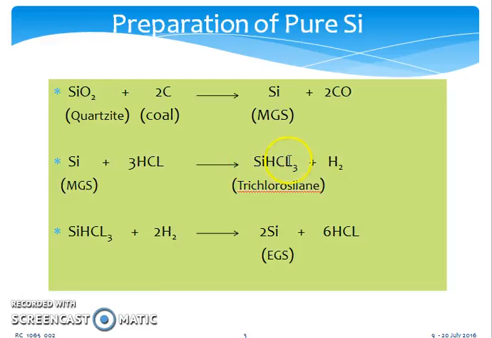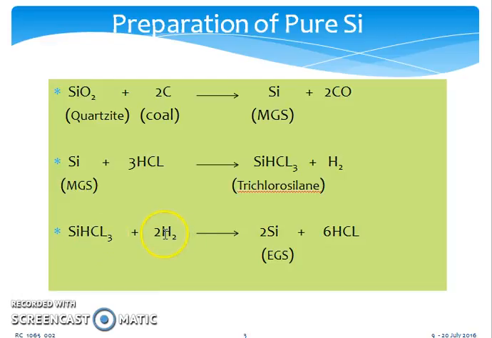Now this trichlorosilane is free from metallic impurities. To obtain pure silicon, a third reaction is carried out. To obtain silicon, the final process step is the chemical vapor deposition step. This trichlorosilane is converted into gas.